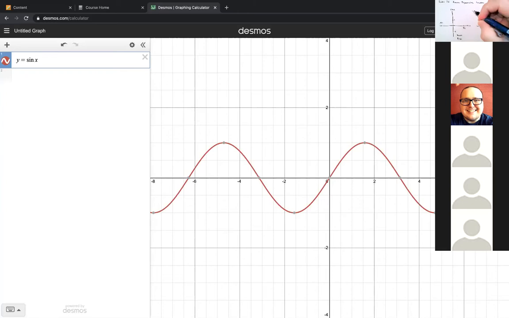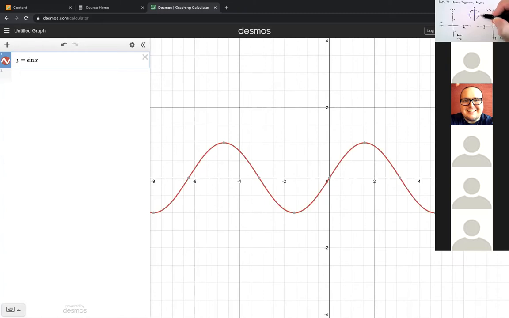And this is related, of course, to the unit circle. We know that sine is the vertical coordinate of the point on the unit circle corresponding to your angle.